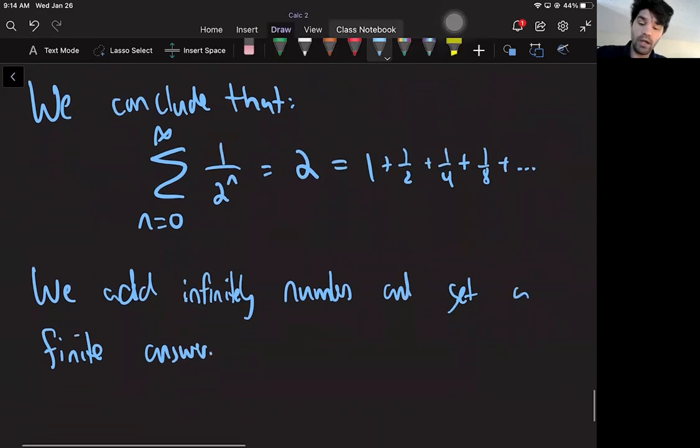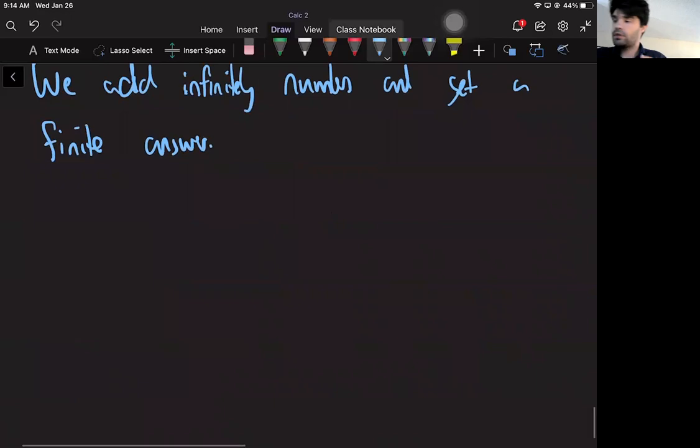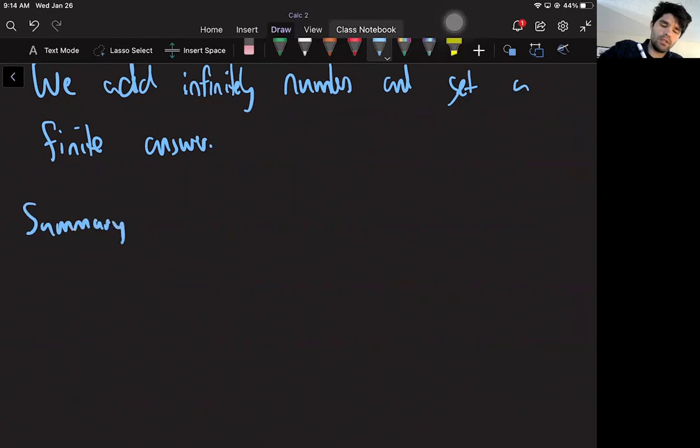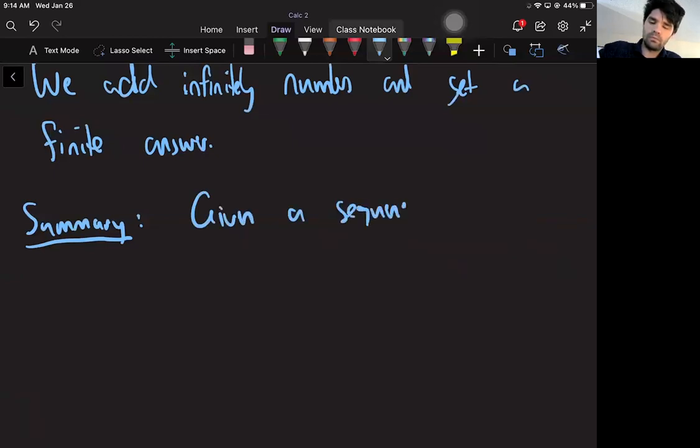Okay, so I just want to summarize how this works in general, because there's a lot of steps. And as you can see, even one example can take quite a while. So here's the summary. So given a sequence, so it could start at 1 or 0, it doesn't matter.